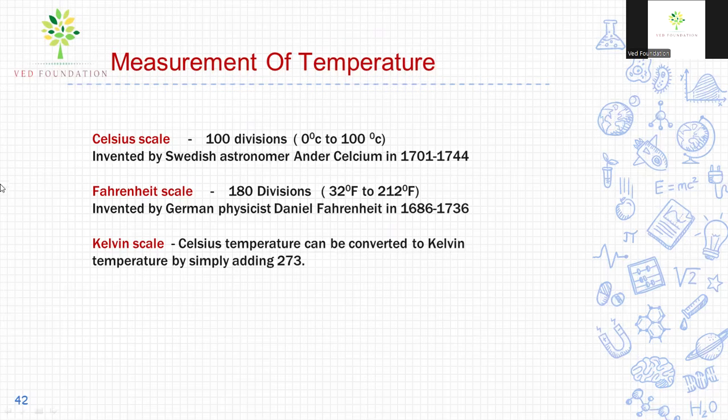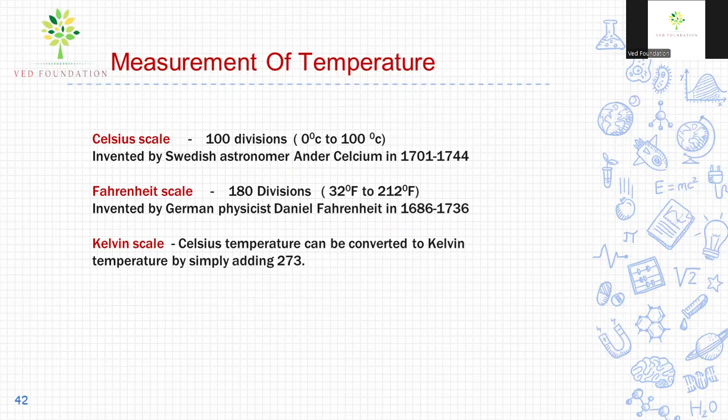Celsius temperature can be converted into Kelvin temperature by simply adding 273. If you add 273 in Celsius scale, then you will get Kelvin scale. For example, 0 degree Celsius is equal to 0 plus 273 means 273 Kelvin. 1 degree Celsius means 1 plus 273 means 274 Kelvin.